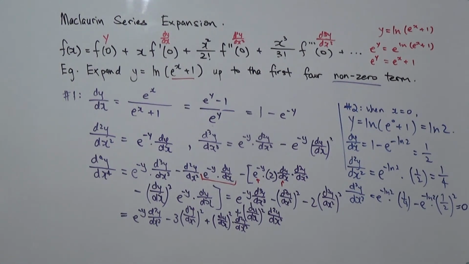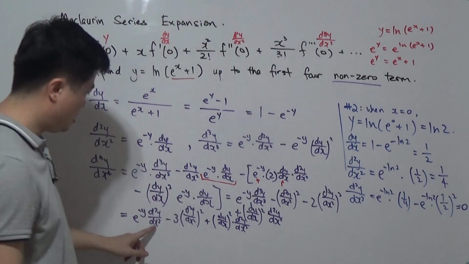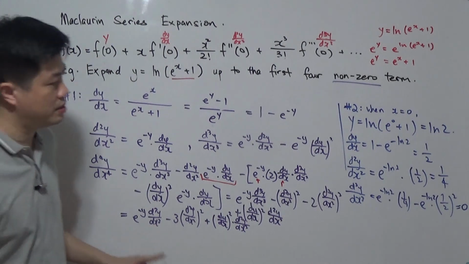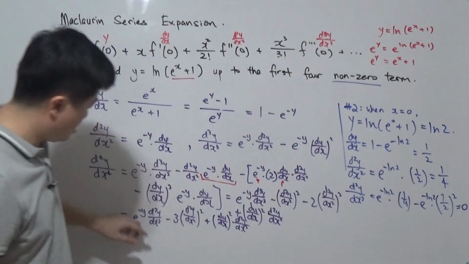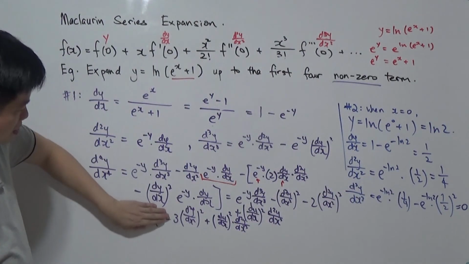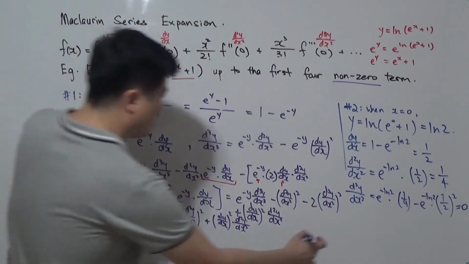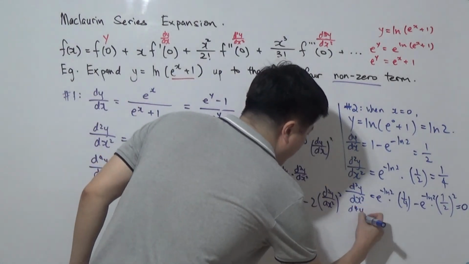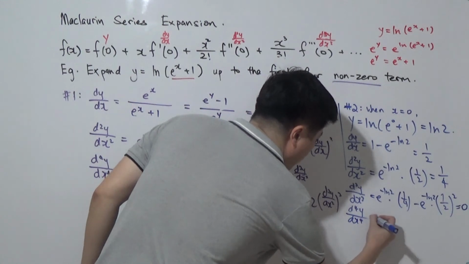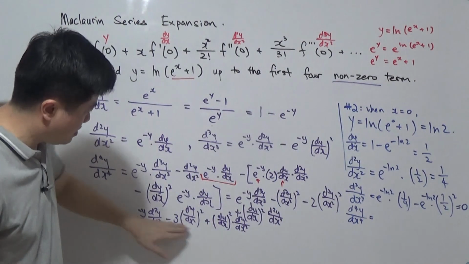We're going to move on to step 2 to figure out what is our value of d4y/dx⁴ when x is equal to 0. So first off, we know that this term, d3y/dx³, as you can see, is 0. So when we substitute it in, this term is gone. So all we have for d4y/dx⁴ is the ones at the back.